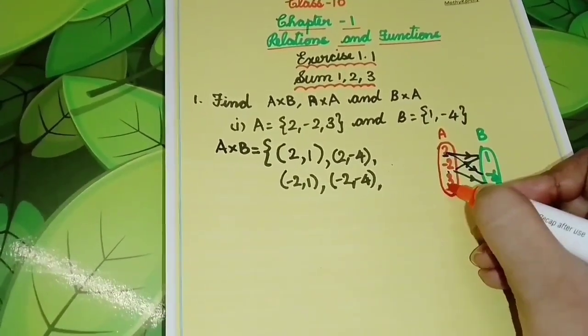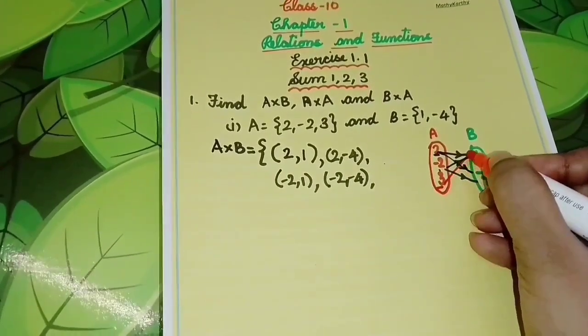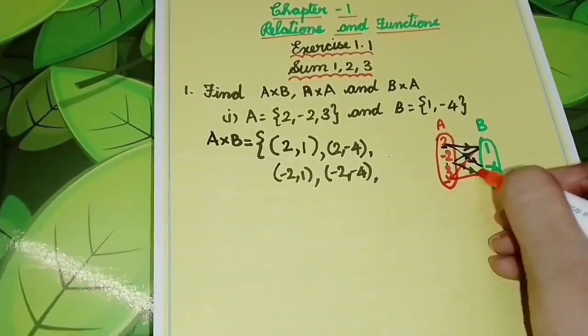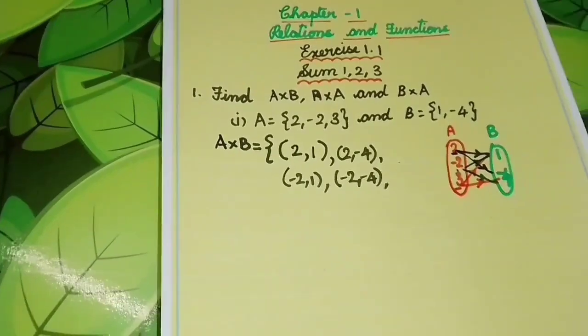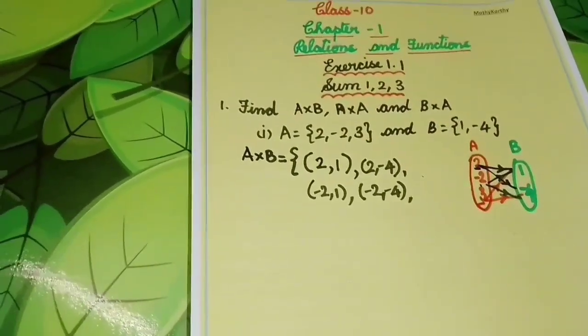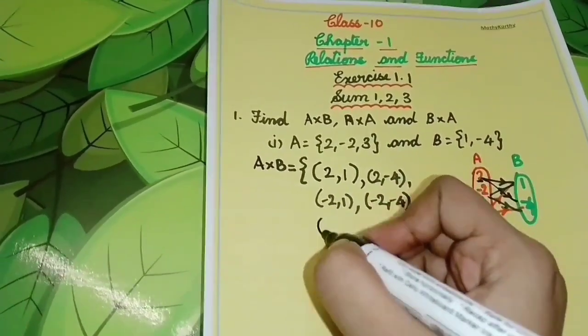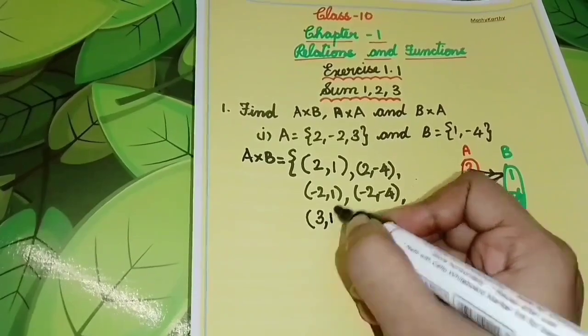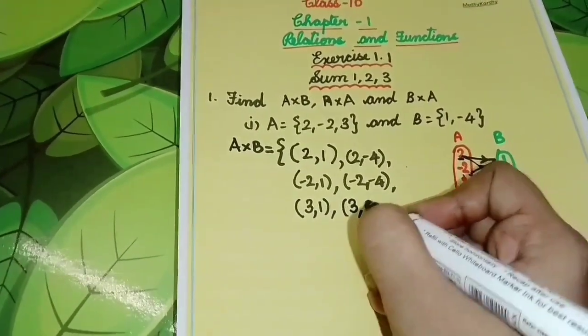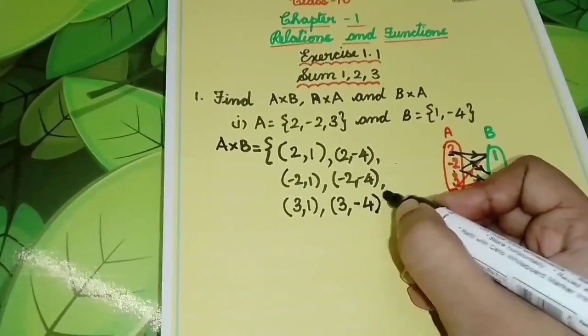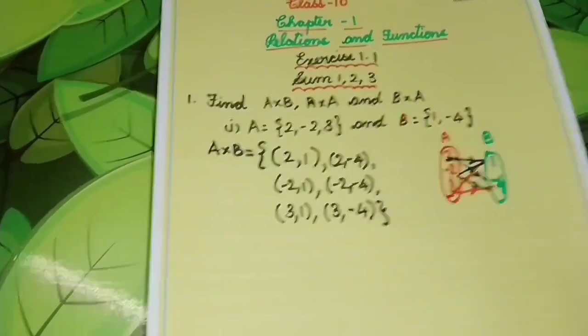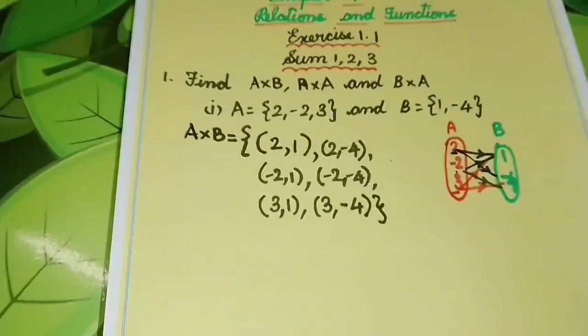That is 3. So 3 will pair with 1 and 3 will pair with minus 4. So the last two elements are 3, 1 and 3, minus 4. And we close the set using the curly bracket.